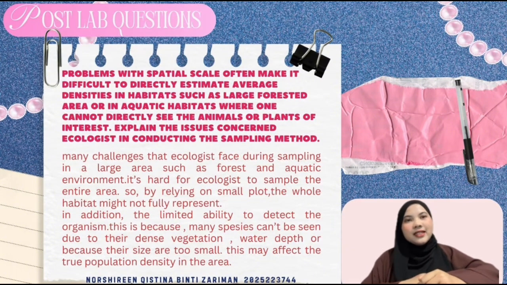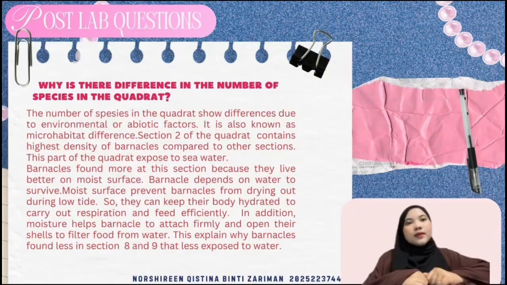In addition, there is limited ability to detect organisms. This is because some of the species can't be seen due to dense vegetation, water depth, or their size being too small. So, this might affect the population density in the area.